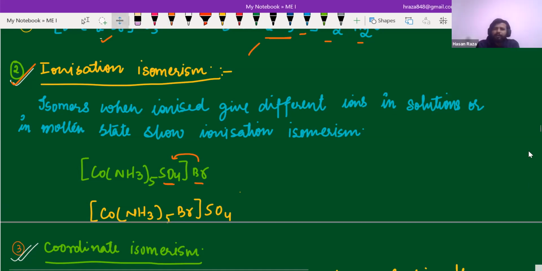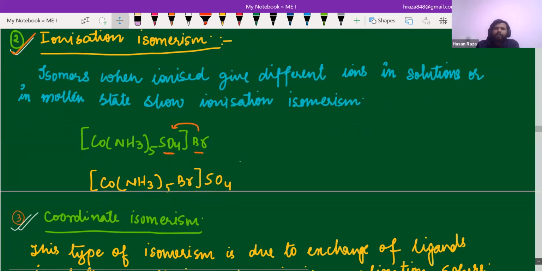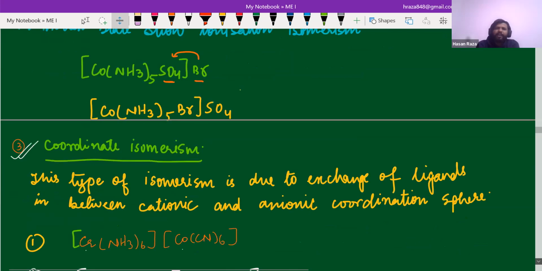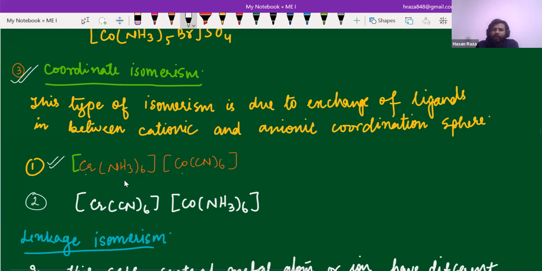Very good. Now there is coordination isomerism. There will be exchange of ligands between two coordination compounds. As you can see, this is your coordination compound or complex compound. This type of isomerism is due to exchange of ligands between the cationic and anionic coordination spheres.